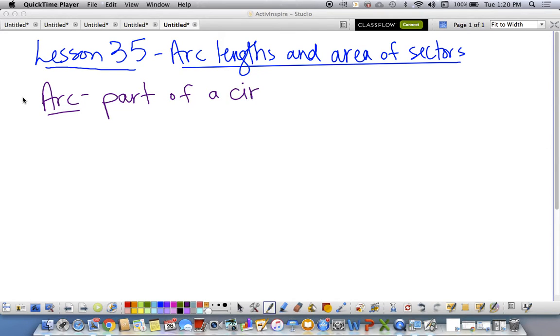I'm actually going to go even farther and say part of the circle's circumference. So it's a part of the outside rim of the circle. Okay? And then we specified less than 180 degrees was a minor arc, more than 180 degrees was a major arc. We said some of that.